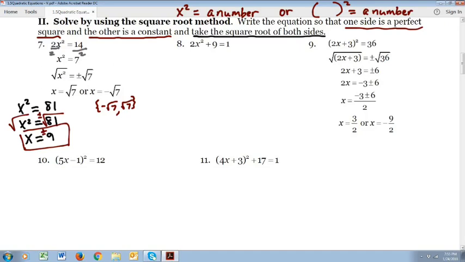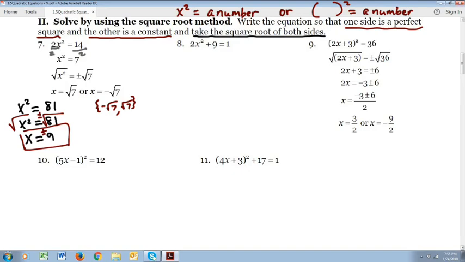You get plus or minus the square root of 7. Well, just keep in mind that means there's two answers, the square root of 7 and negative square root of 7. Again, sometimes in a college algebra course, you'll be asked to write your answer as a solution set, and so that's what I did here. When I give tests, I don't really care which way you write your answer.